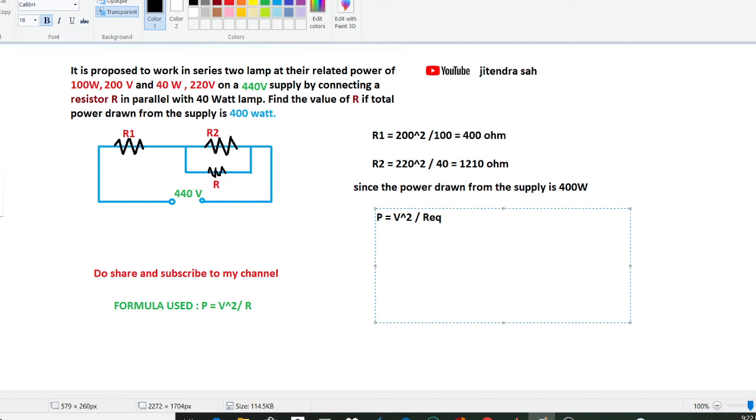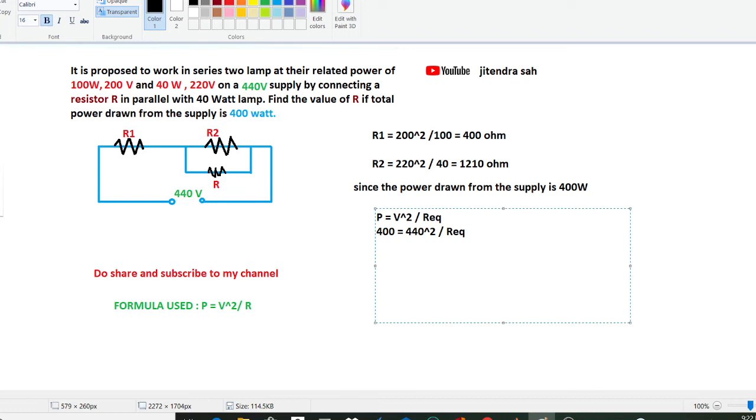In place of P we have 400 watt, and in place of V we have the 440 volt source, so 400 equals 440 square upon R equivalent.